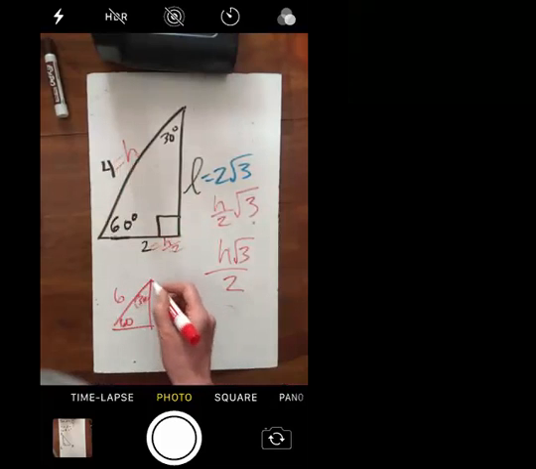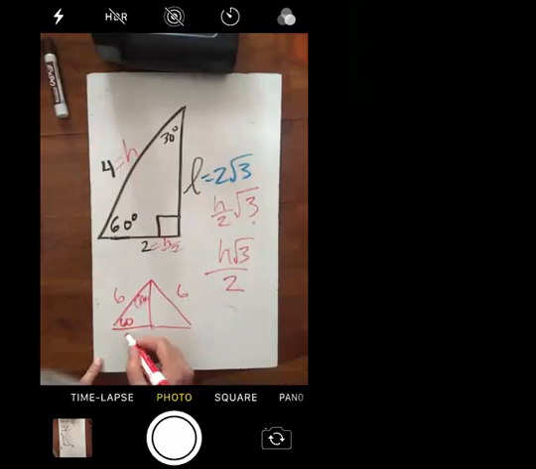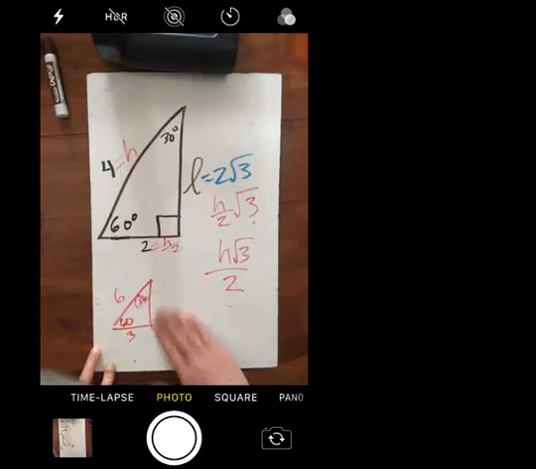Then make it an equilateral triangle. Then see that you have 3 and 3 because this is a duplicate of this. Then take this away and use the Pythagorean theorem to find the third side.